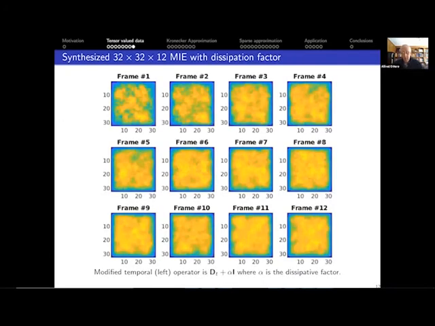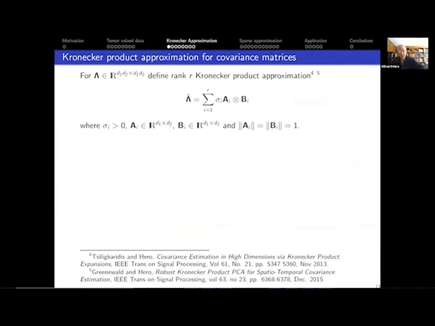One can generate realizations easily using these Euler discretizations and the characterization of the inverse covariance. You simply use the Cholesky, or sometimes called the Bartlett decomposition of the positive definite covariance, and then apply that to independent, identically distributed white noise over space and time.